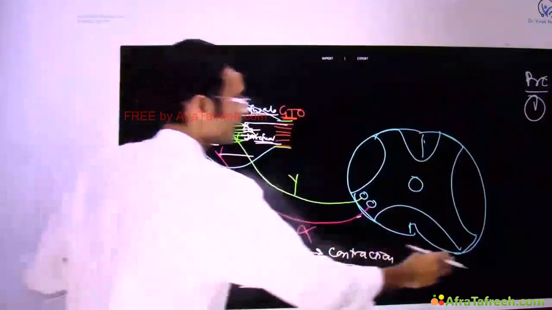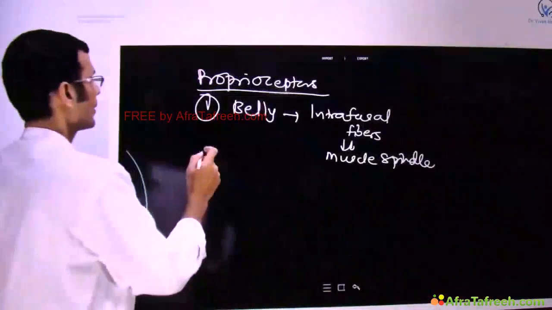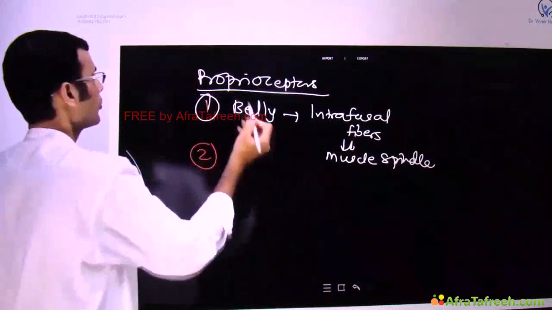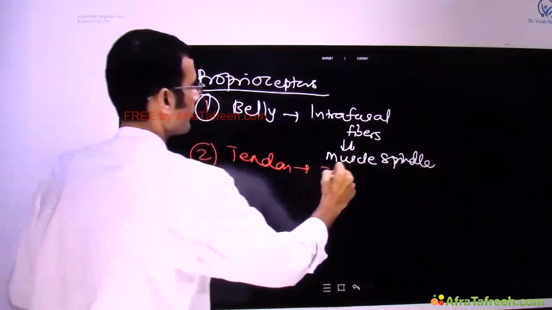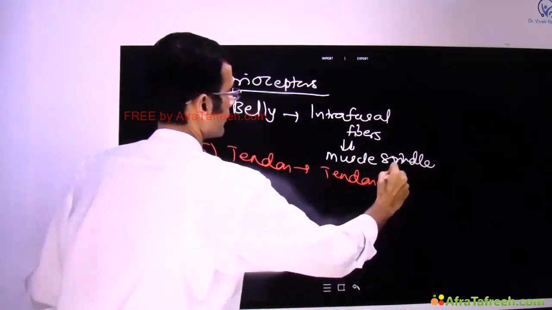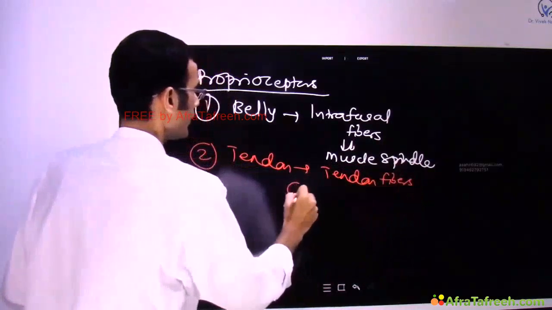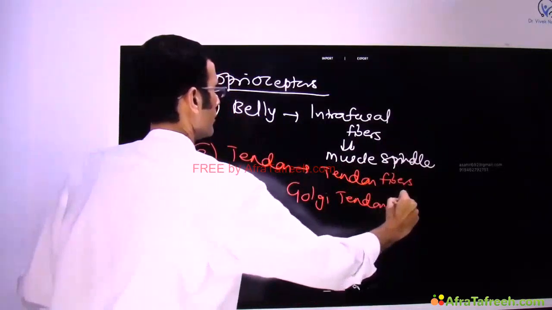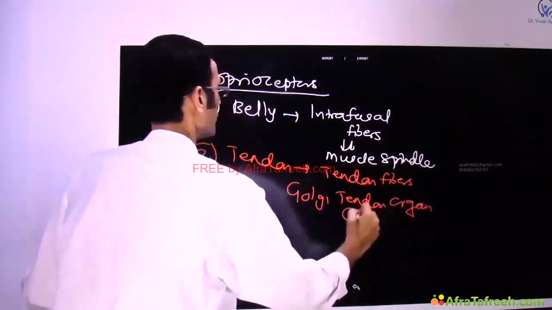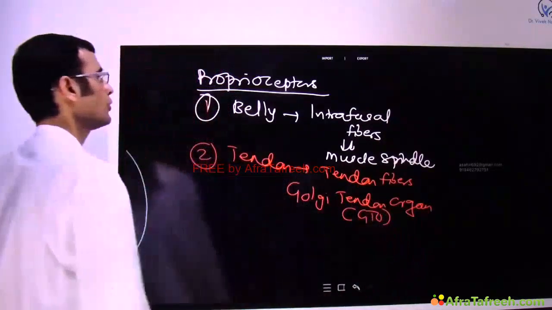It's called the Golgi tendon organ. So the second proprioceptor is in the tendon of the muscle, made up of tendon fibers. It is called the Golgi tendon organ. These are the two proprioceptors in the muscle.